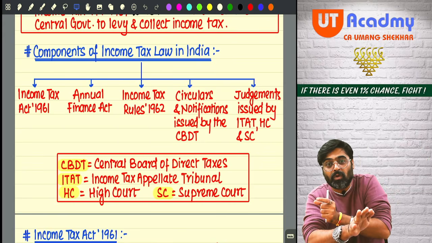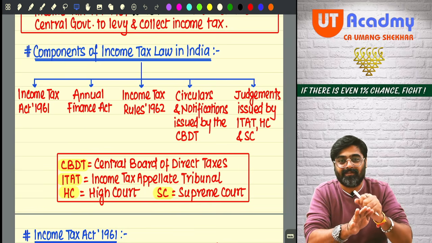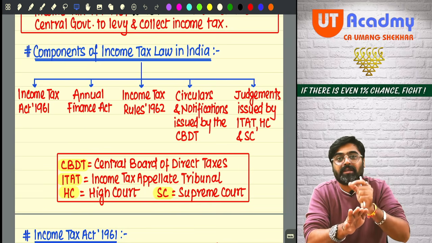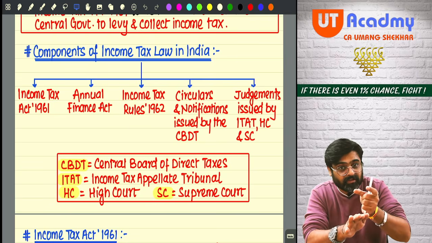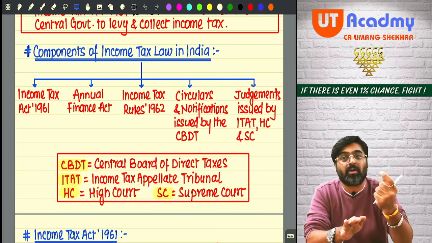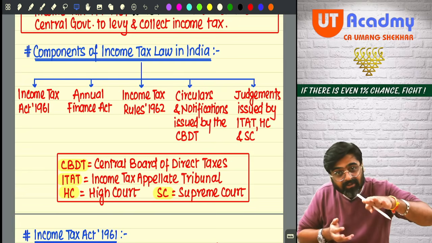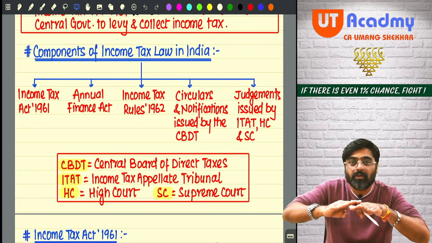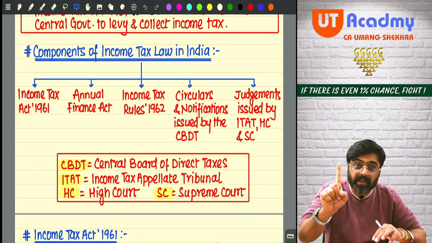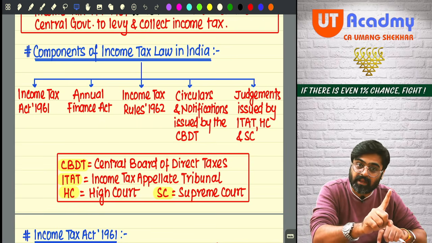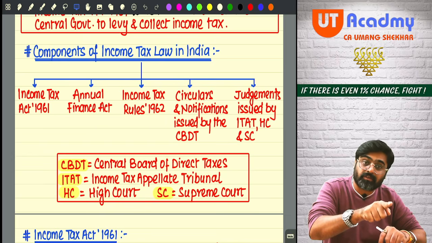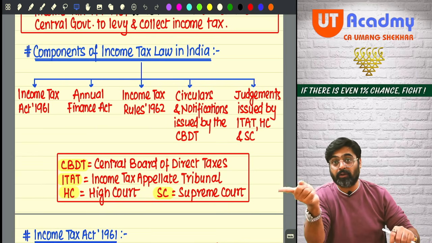So there is some rule applicable to a particular provision, and without following this rule, this section cannot be fulfilled. Then with that section, we'll have to learn this rule also. Don't worry. Wherever necessary, if any rule applicable to a provision of the Income Tax Act is in our syllabus, we are going to study that rule also.